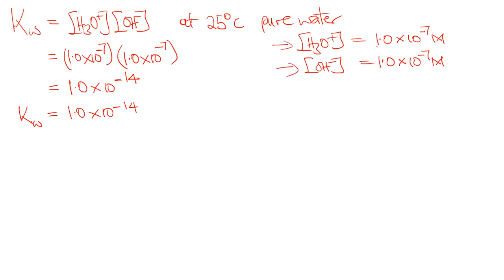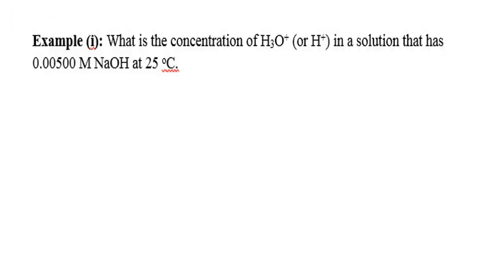But now when you start dealing with impure water, these will be different, and we'll just look at the examples and see how we can use those examples to understand the auto-ionization constant, Kw. So example 1.